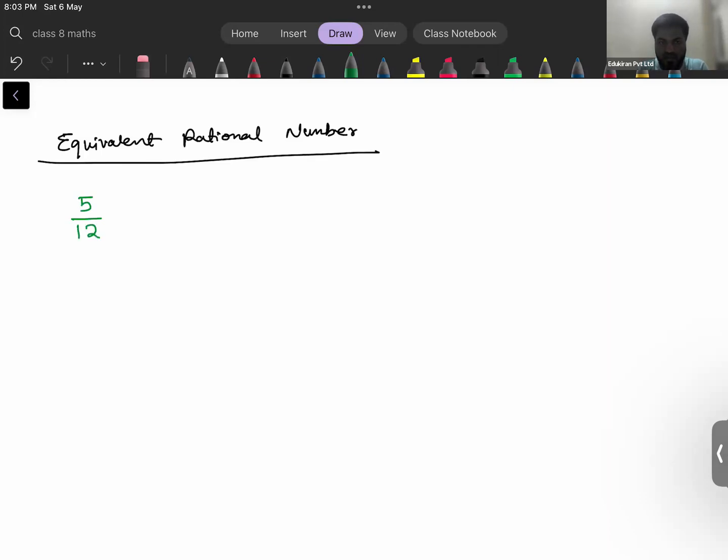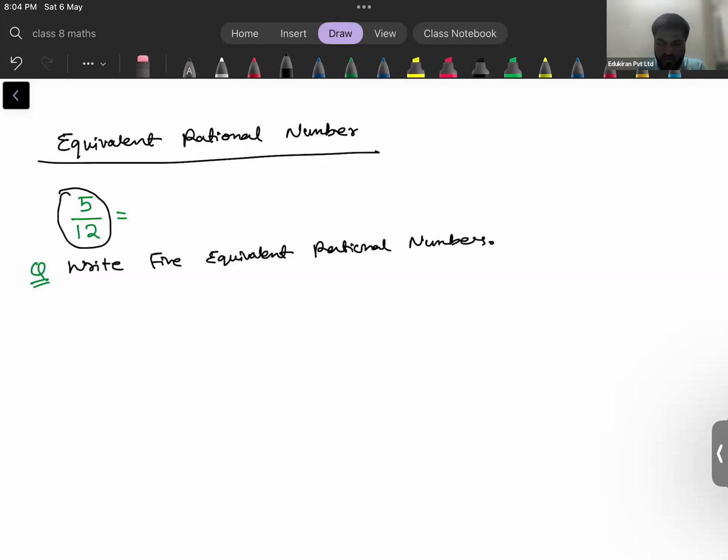This is our rational number, and you have to write 5 equivalent rational numbers.